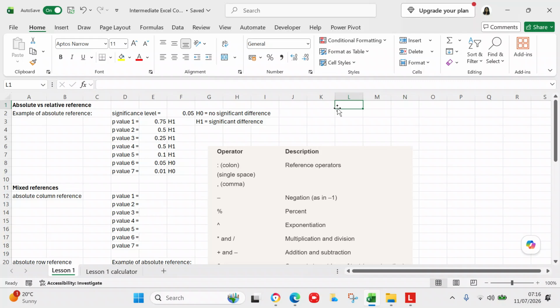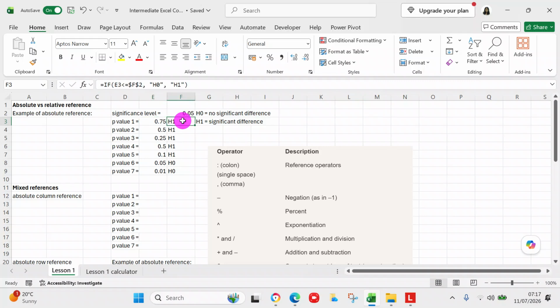But if the p-value is less than 0.05, then it's going to be H1 or HA, which is a significant difference. So we come over here and you see we've got 7 p-values ranging from 0.75 to 0.01.